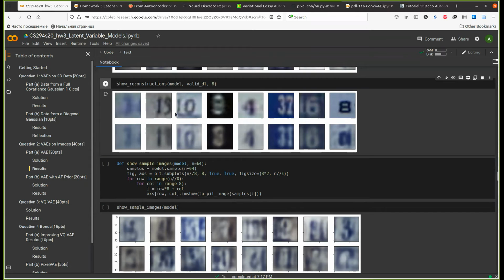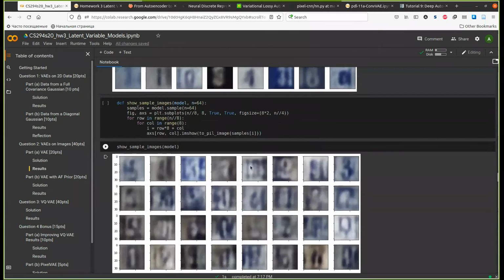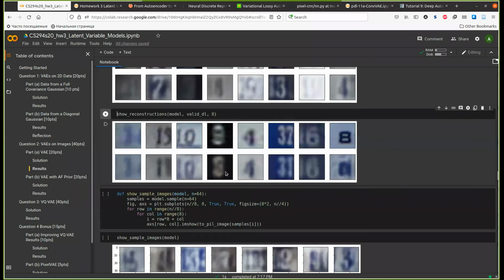The second number in this two is blurred out. Yeah, I was observing the same thing with the 37, where the 7 seems much more distorted than the 3. Here it looks like maybe it's 1, right?